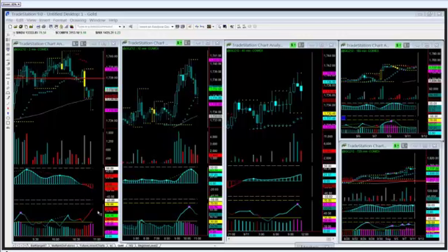Now I want you to watch down here as the magenta peak starts to come in, if it comes in. It still has to retrace some more before it comes in.